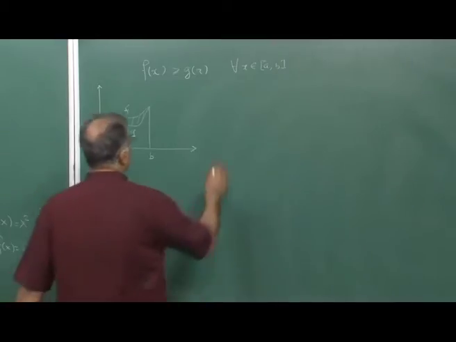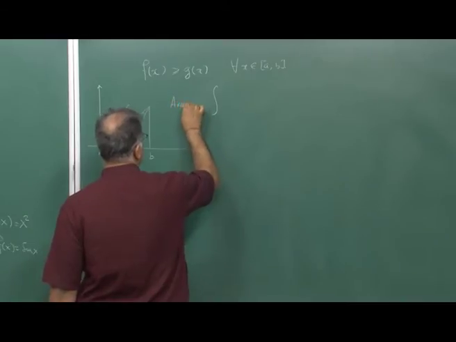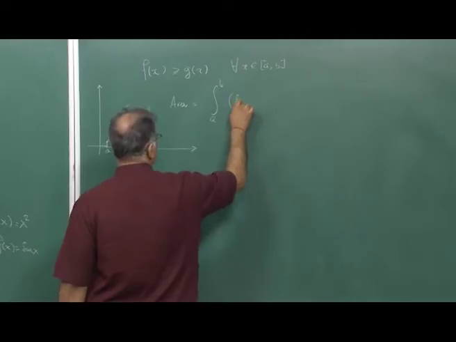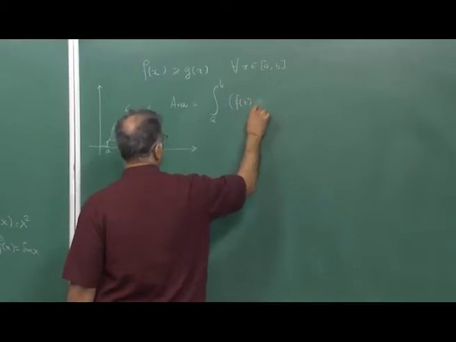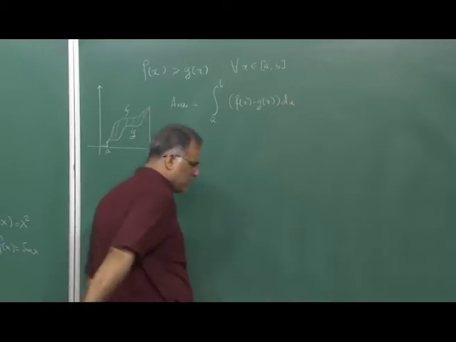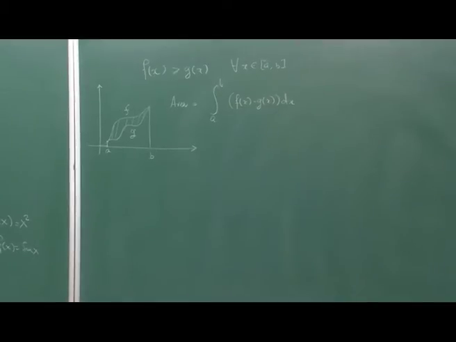So the area in this case is the integral from A to B of F x minus G x dx. From Thomas's calculus we will take some examples to show how to handle such a situation.